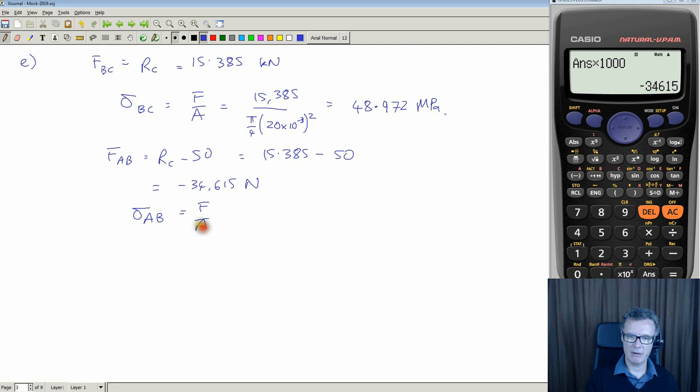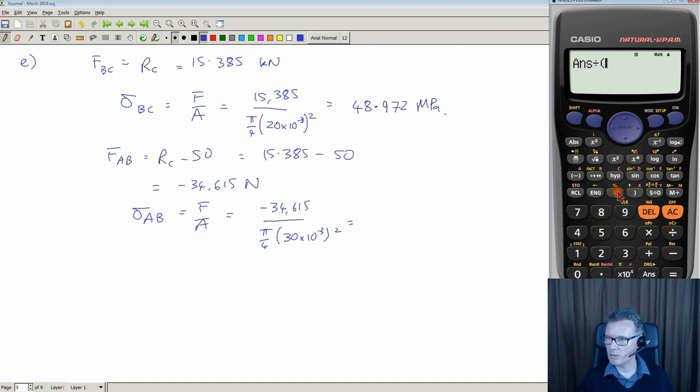Force divided by area, minus 34,615 divided by pi over 4. This time we've got 30 times 10 to the minus 3 squared.